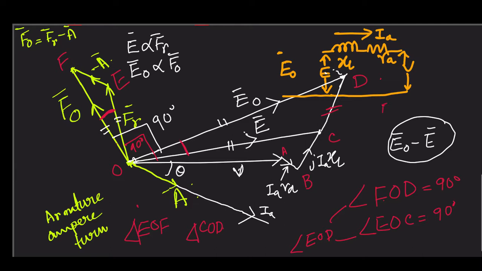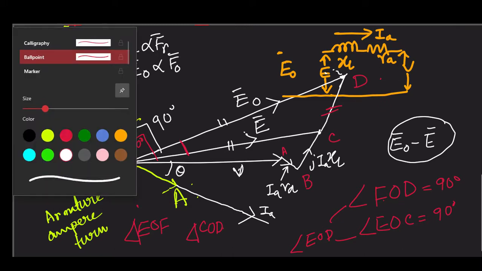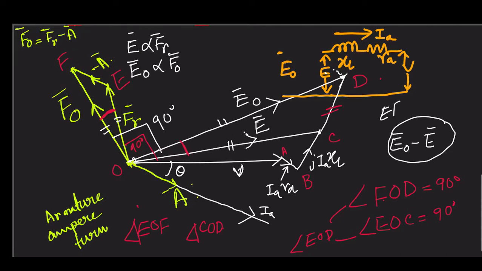So we can say that lengthwise EF is proportional to CD. In addition, as these triangles are similar, we can understand that this angle is equal to this angle.